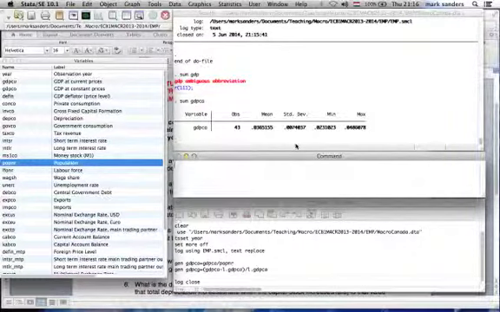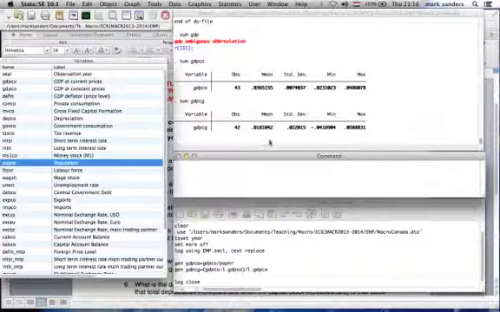And we can also look at the summary table for GDP growth, which is around 1.8% for Canada over the period that I have data.